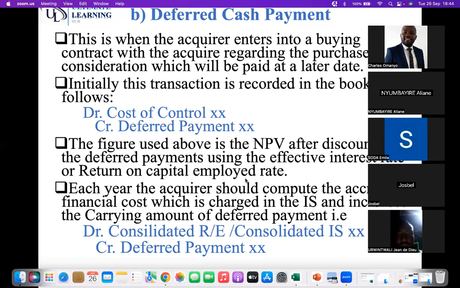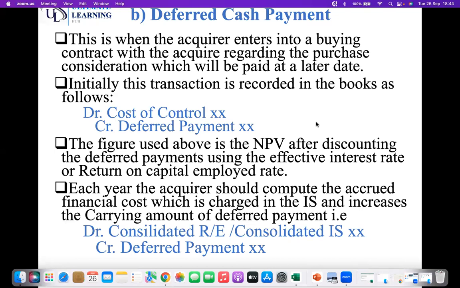It is the present value of future cash flows. Now, how do we account for this amount? When there is deferred cash payment, you debit cost of control and you credit deferred payment.